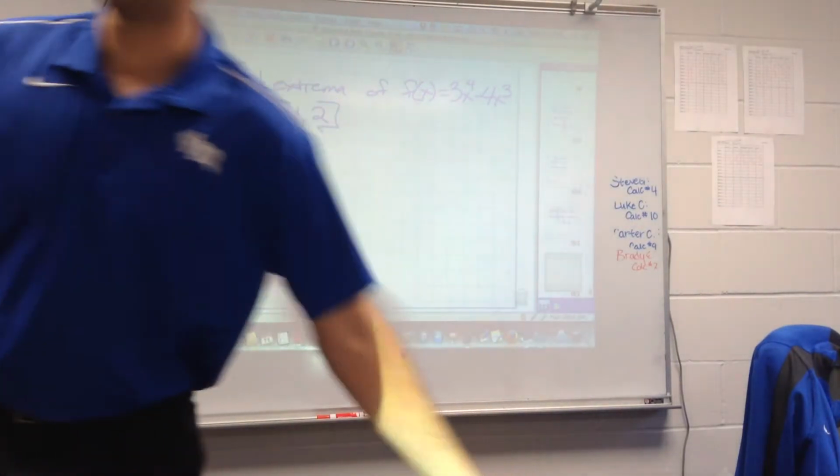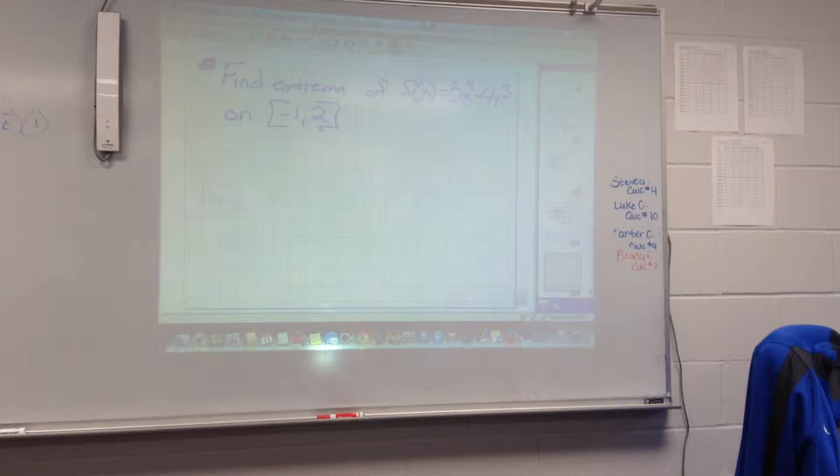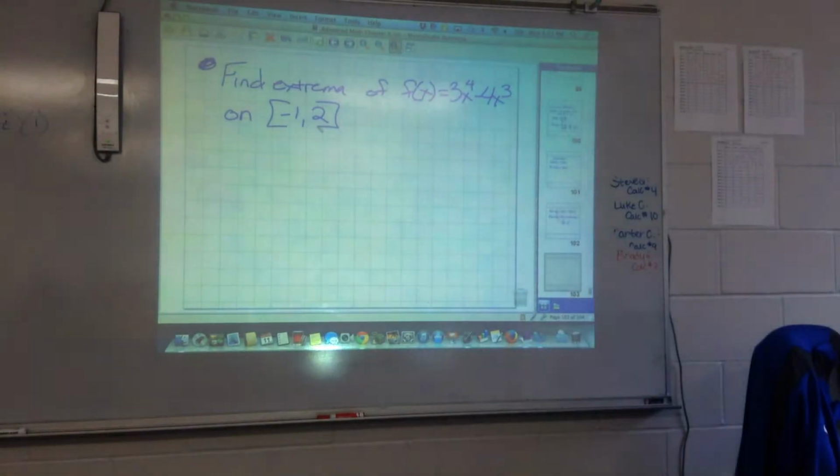So find the extrema of that function on the closed interval -1, 2. Is it closed just because of the brackets? Yep.